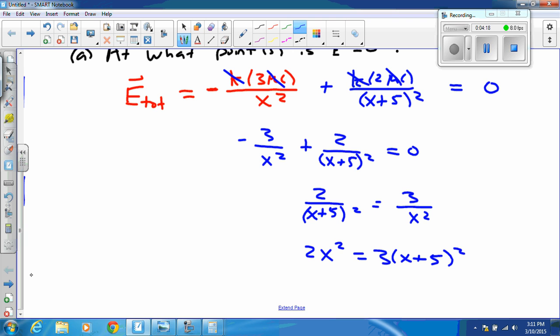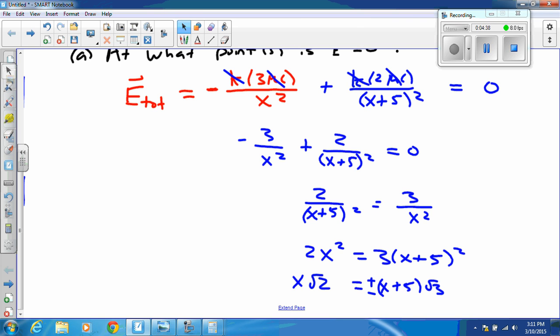And now I can take a square root of both sides, so that I get x times root 2 equals x plus 5 times root 3. Now, because I took a square root, I have to take into account the possibility that either I have plus or minus square root here.